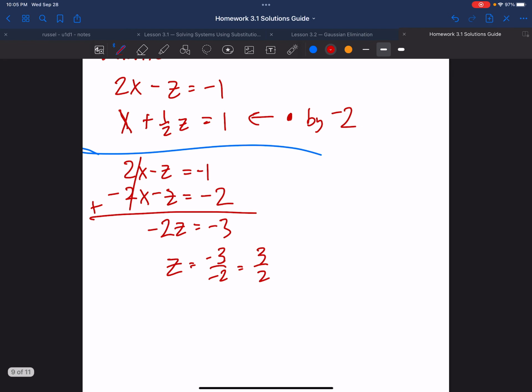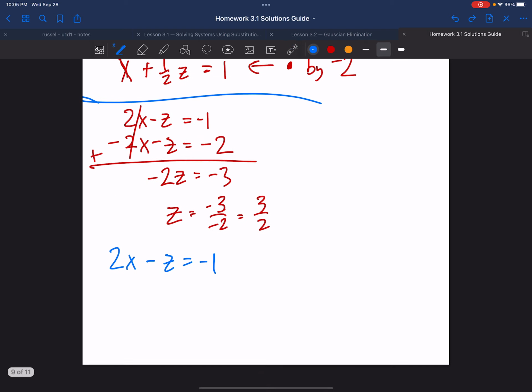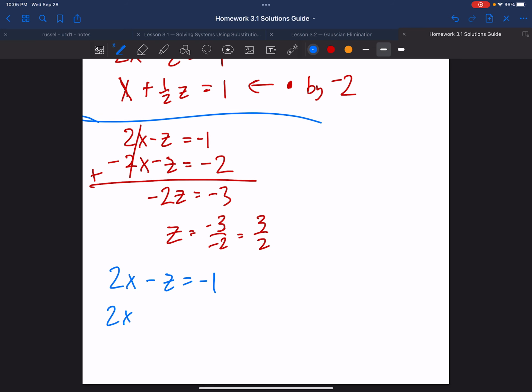Now, let's plug that in. So, 2x minus z equals negative 1. I'm picking that from up here. You could pick either one. It doesn't matter. Just pick one. It's not a big deal. And just substitute z with 3/2. So you get 2x minus 3/2 equals negative 1.